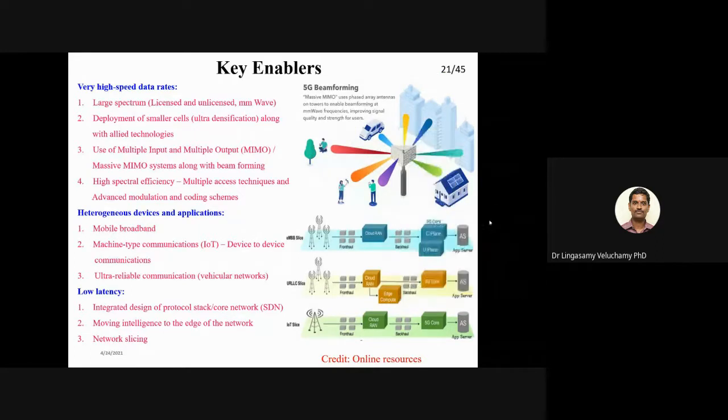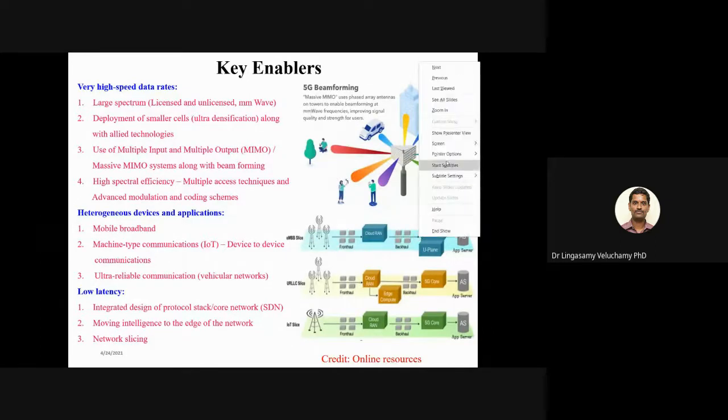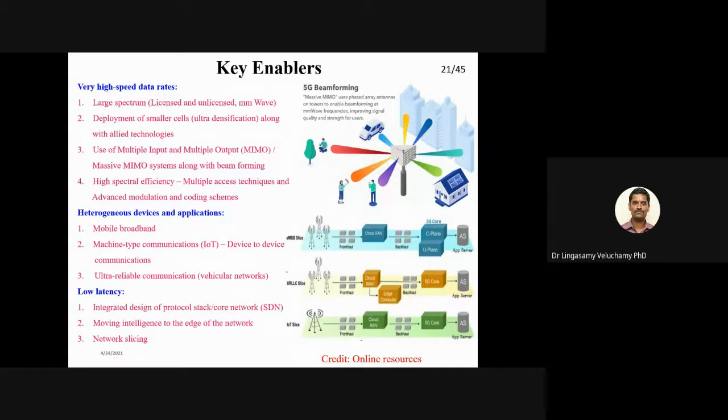First the network will find out which application, which service it wants, whether it wants higher data rate, or low latency communication, or it's an IoT device. It will distinguish which application the device is requesting.